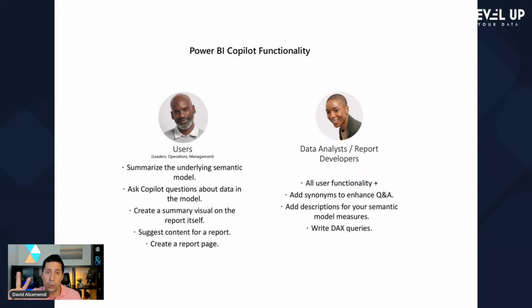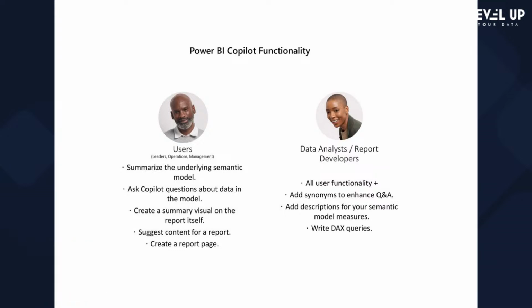But remember, two main personas: the users, who are the report consumers, and the report developers, the people creating the reports. As you can see in this slide, each persona is going to be able to execute different functionality within the Power BI Copilot experience.